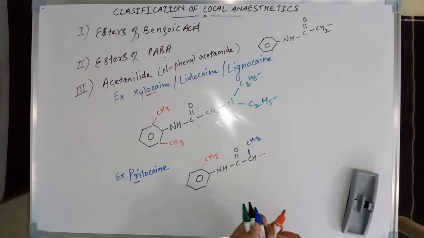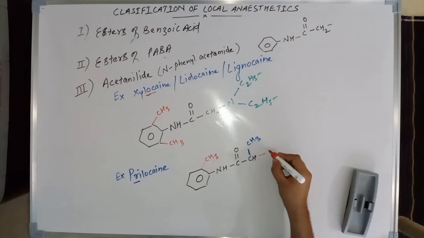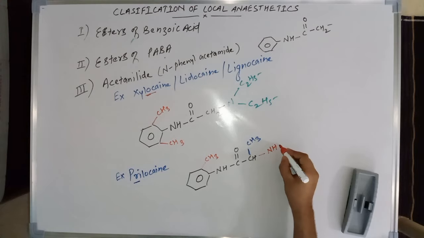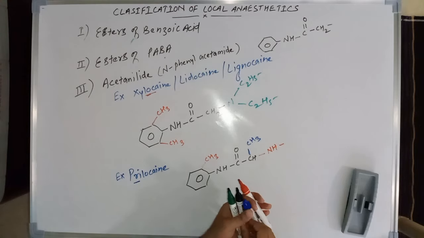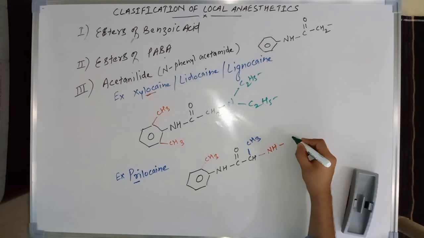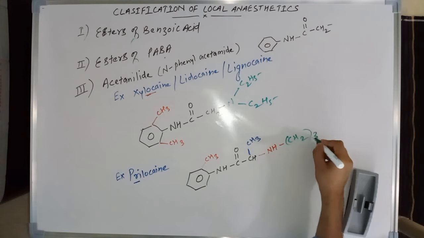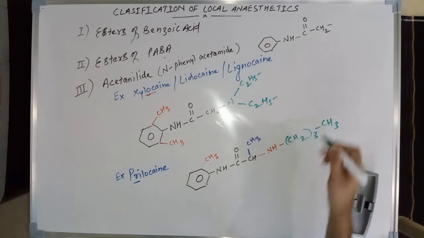Now again, the name of the drug is prilocaine. So here comes another chain. Here is your NH, and on this NH there is a 3 carbon species, CH2 thrice CH3.